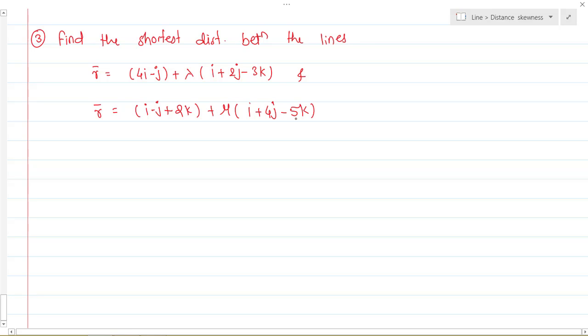These are the two lines they have given and we have to find the shortest distance between them. Shortest distance means the length of perpendicular.